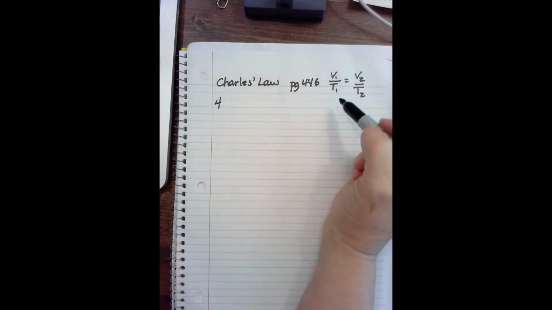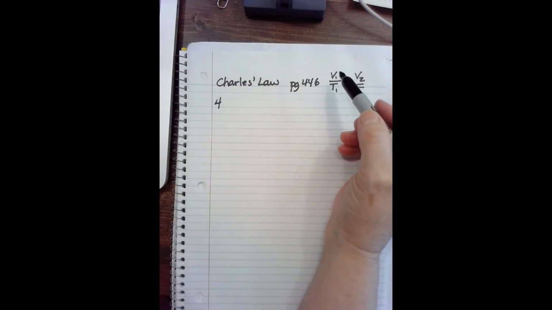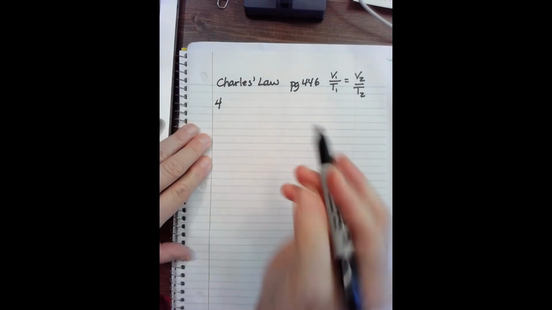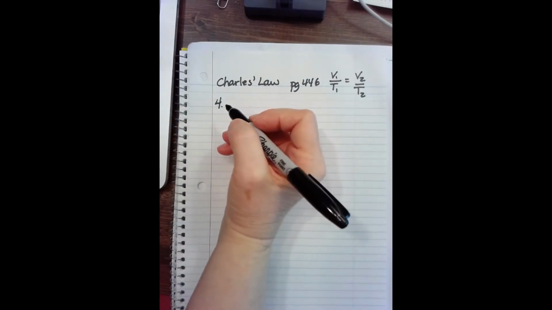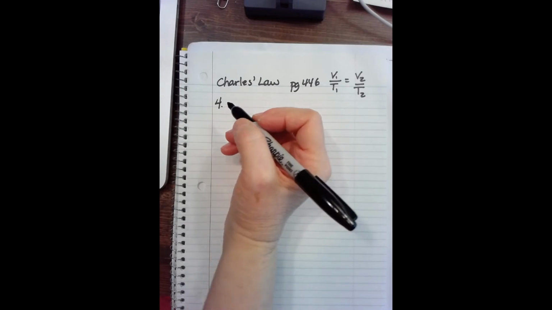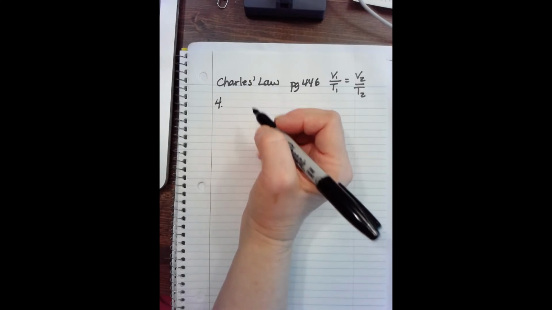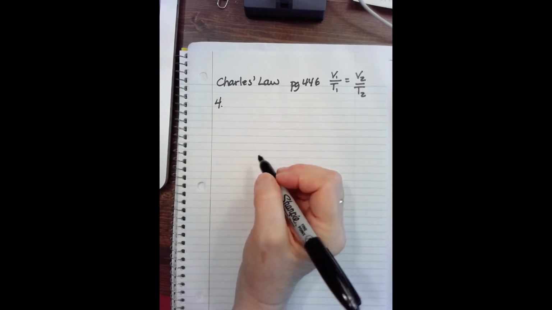So here we're comparing, this is a direct relationship between volume and temperature. So question number 4 asks what volume of gas the balloon at the right will occupy at 250 K. So we have to actually look at this graphic over here.